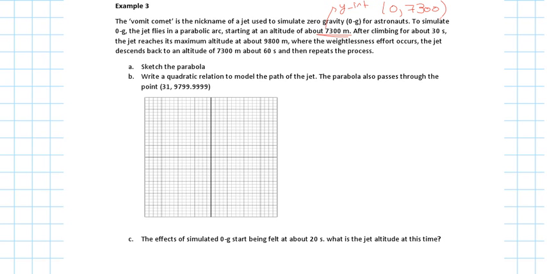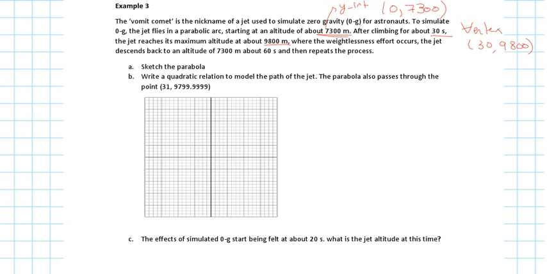The optimal value of the parabola, which represents the vertex. Remember, maximum, optimal, vertex. So this is another piece of information. So I have 30 seconds, 9,800 meters. That represents the vertex at 30 and 9,800.